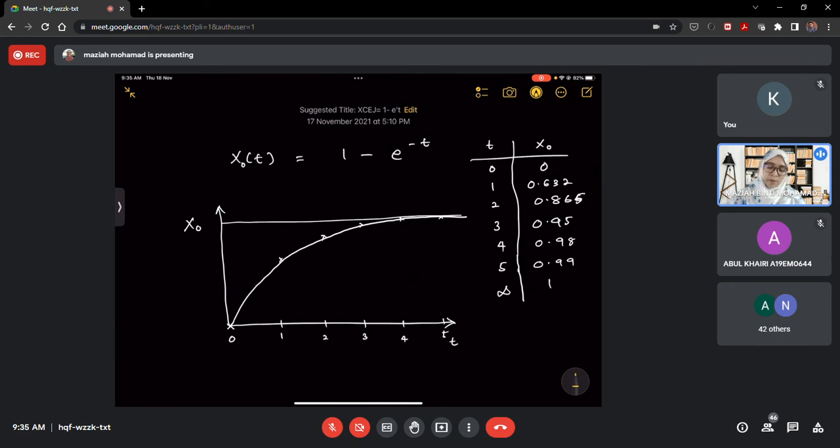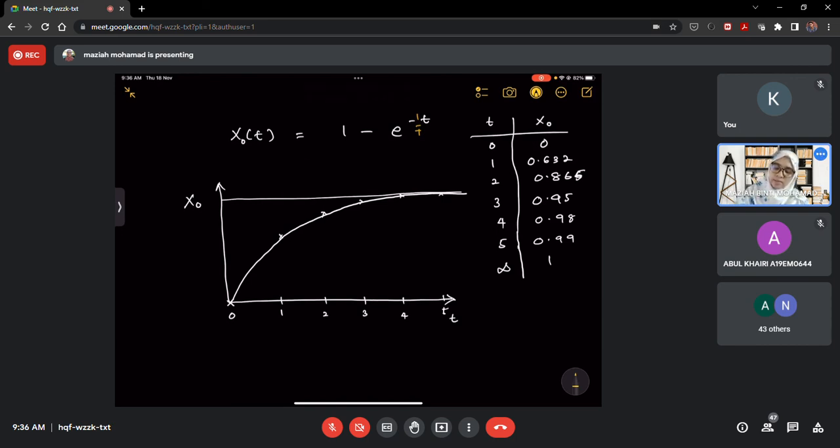Here is 1 over T, so if you replace 1 over T there, 1 over T is equal to 1. Therefore, T is equal to 1.